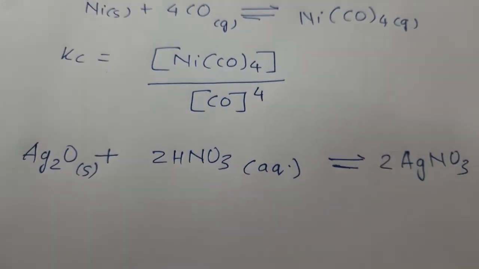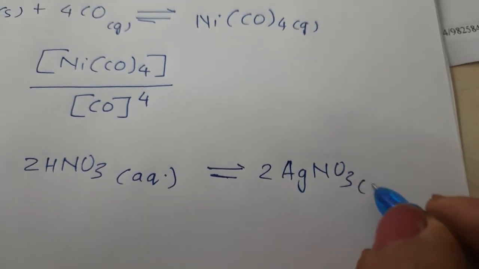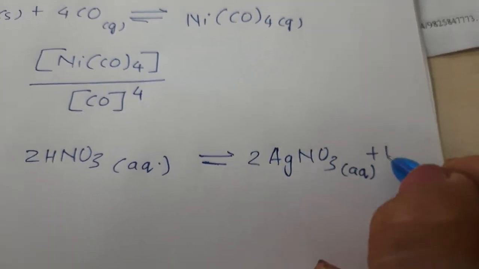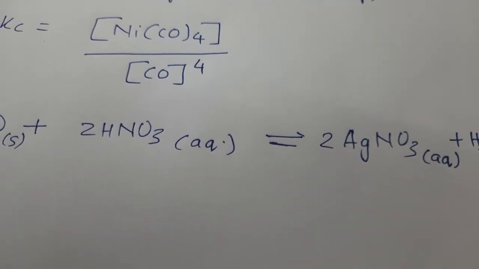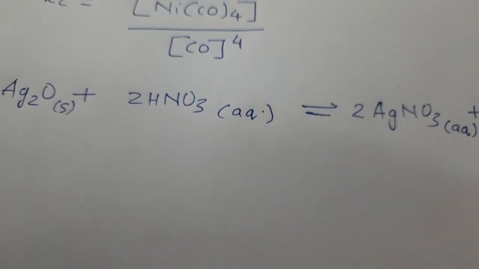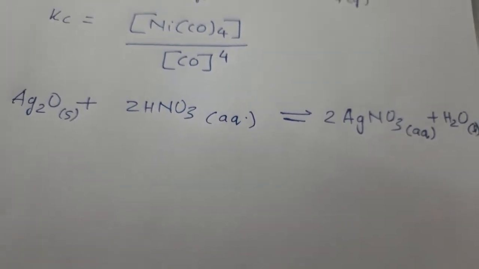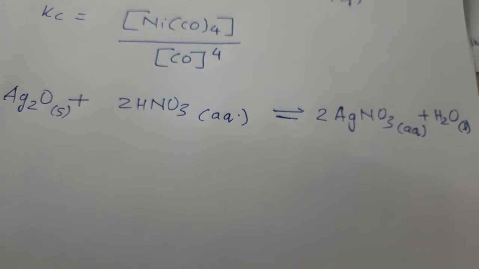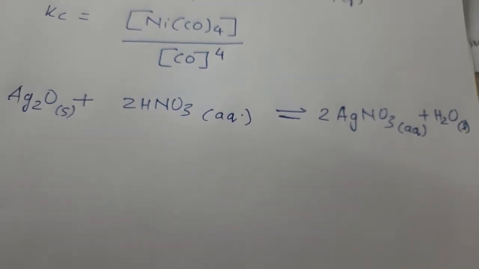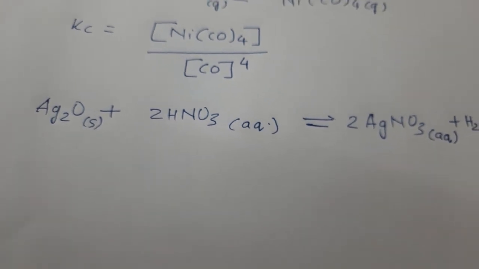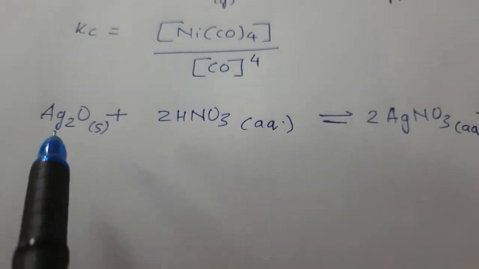There is 2, so put 2: 2AgNO3, and this is also in the aqueous state, plus H2O, that is already a liquid. So in this case heterogeneous equilibrium is there, with a pure solid. For the existence of heterogeneous equilibrium, a pure solid or liquid must also be present, however small the amount may be at equilibrium, but their concentration or partial pressure does not appear in the expression. So here we see aqueous, liquid and solid.